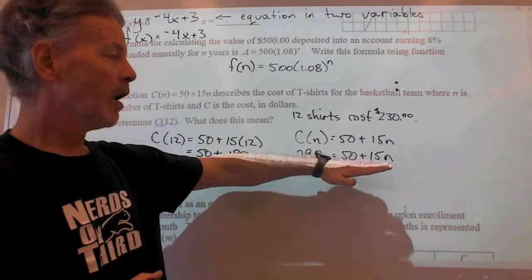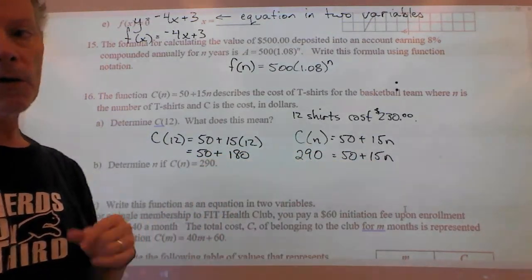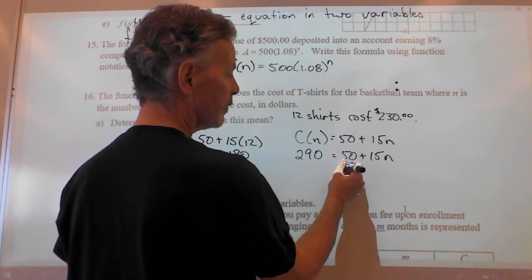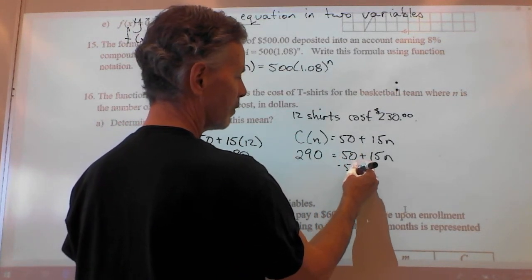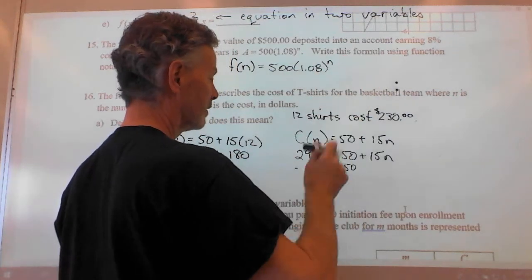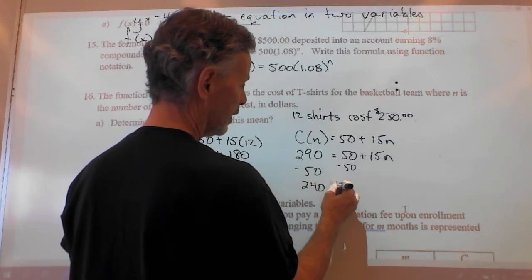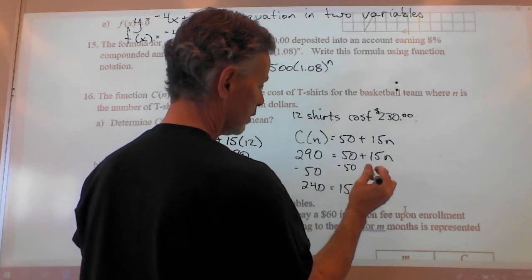Remember, you do the opposite of the normal order of operations when you're isolating. So the first thing we want to do is adding and subtracting. We'll take away 50 from both sides. That gives us 240 equals 15n.